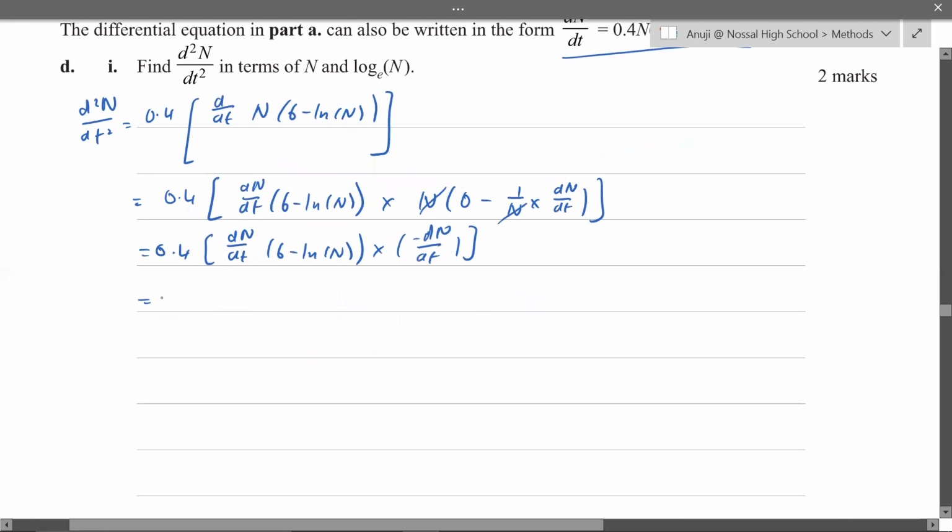So if I take it out, like factorize it, I just get 0.4(6 minus ln n) times negative, sorry, dn/dt.